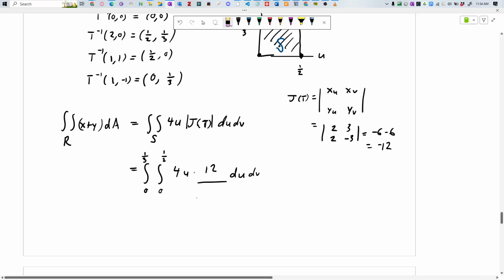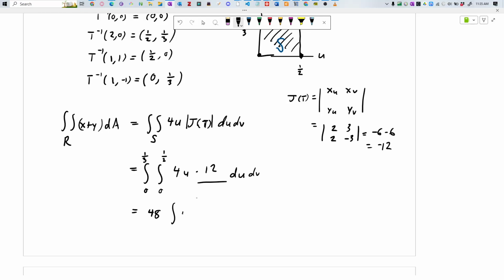Okay, let's compute this integral. Right, so 48 gets pulled out of the double integral. Also, this can be thought of as a product of two integrals since it's a rectangular region and the function is easy to work with.